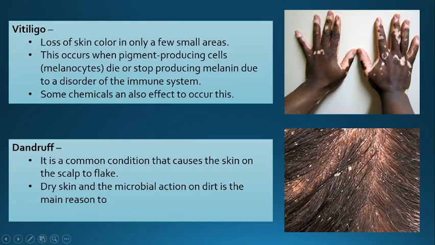This happens when pigment producing cells, the melanocytes, die or stop producing melanin due to a disorder of the human immune system. Some chemicals can also affect this disease. In this diagram, you can see how vitiligo appears when it occurs.